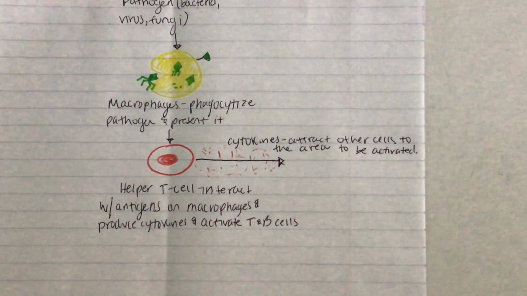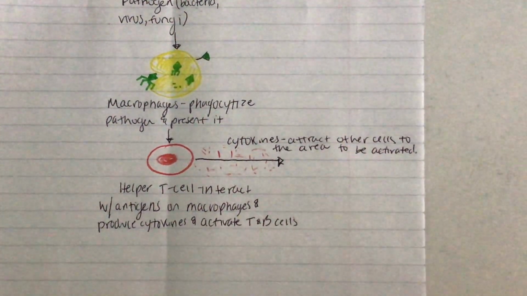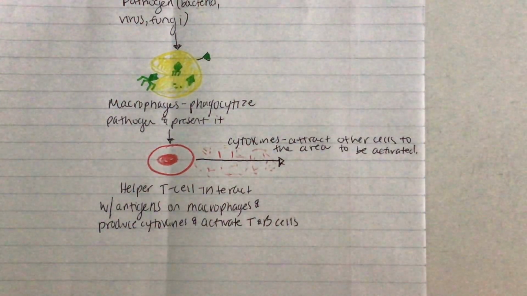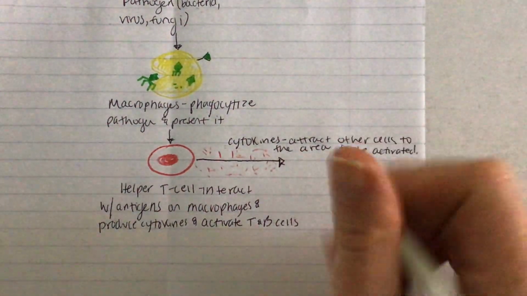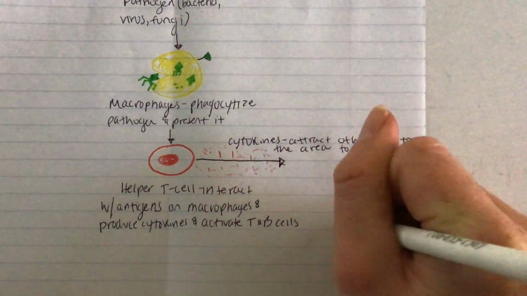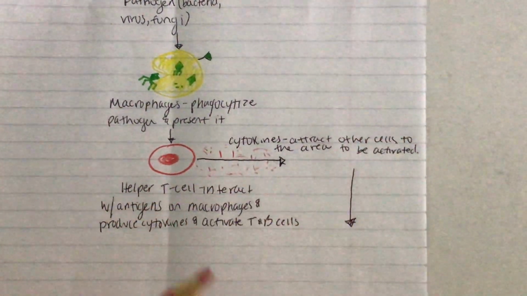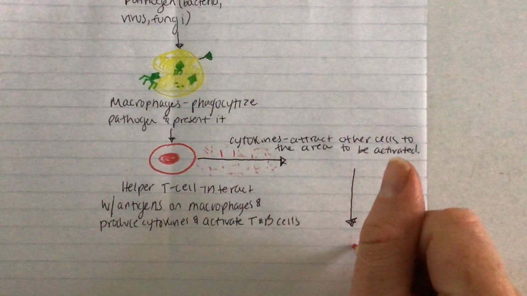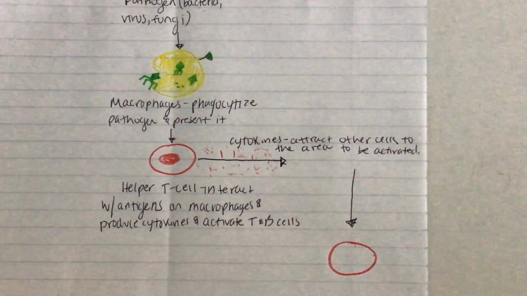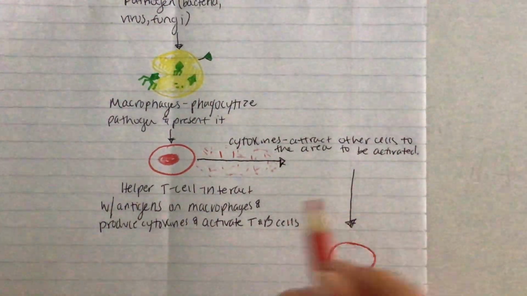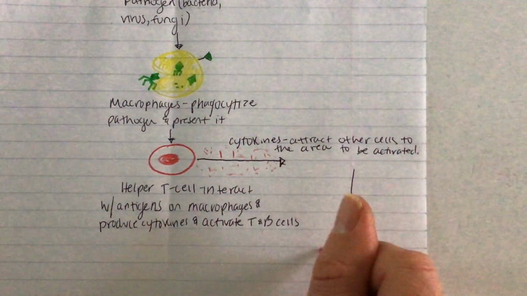So what they're going to attract and activate are T cells. Sometimes they're killer T cells, other times they're cytotoxic T cells. So we'll draw a little arrow down and we will draw our cytotoxic T cell. Now these are also T cells, so I'm going to use red again, but I'm going to draw them a little bit differently.